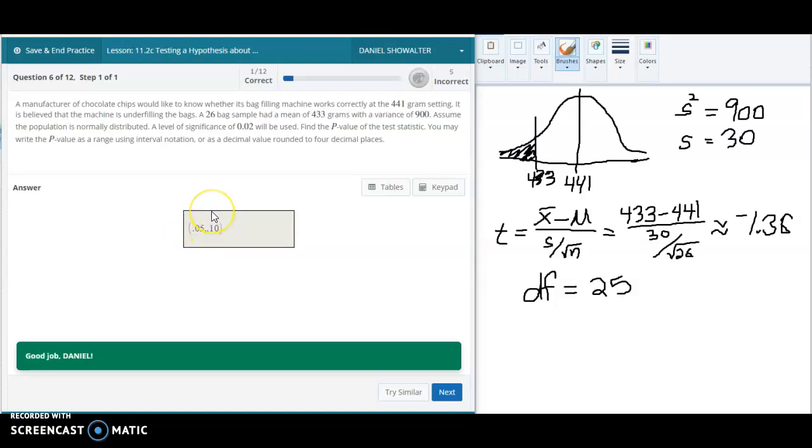It's definitely not going to be below 0.02 there. Even if we use the technology, it should tell us a value that's somewhere in between these two. So failing to reject the null means that we weren't able to get convincing evidence that these machines are underfilling the bags of chocolate chips.